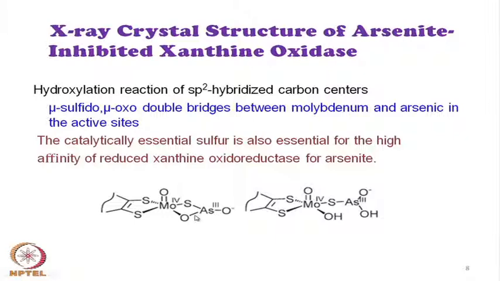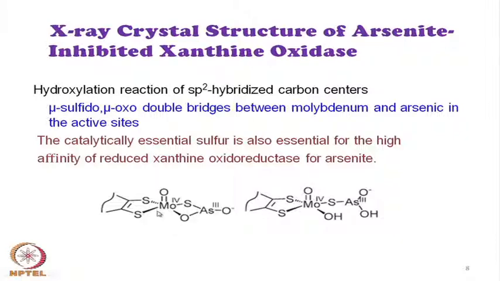And this arsenic also has a tremendous tendency to bind to the sulfur. So, at the same time it can also bind to the sulfur, because arsenic has affinity for coordinating to both oxygen and sulfur. So, basically it can establish a doubly bridged arrangement.